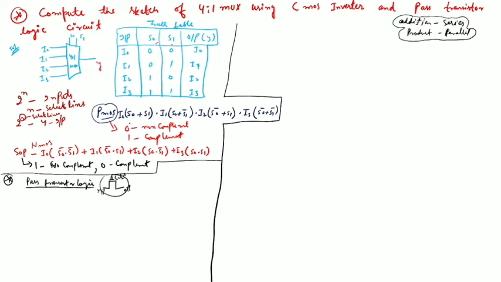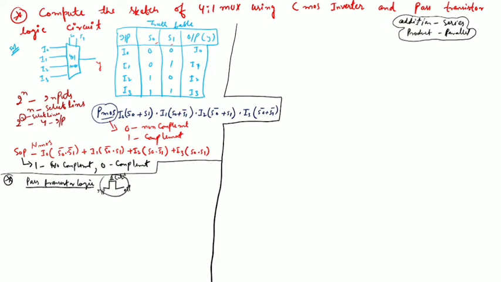And when we apply the one logic at the gate terminal of the PMOS, for example when we apply S1 value 1 at this PMOS terminal, we represent it as S1 complement, like this.